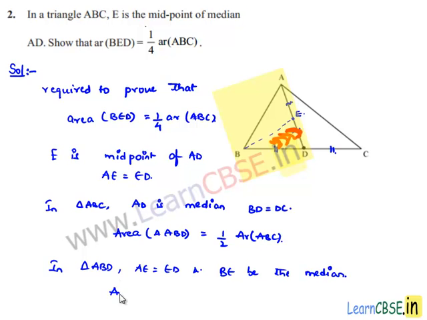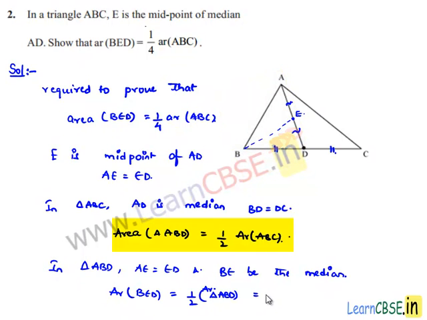Therefore, area of triangle BED will be half times the area of whole triangle, that is triangle ABD. But from the above we have that area of triangle ABD is nothing but half times area of triangle ABC.